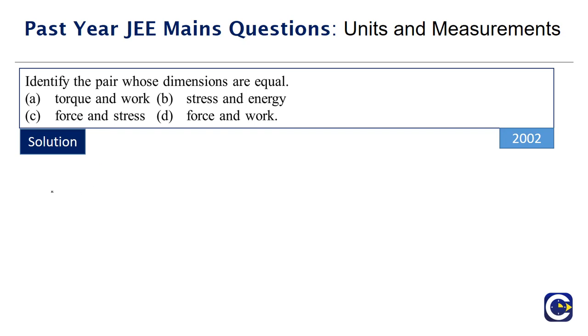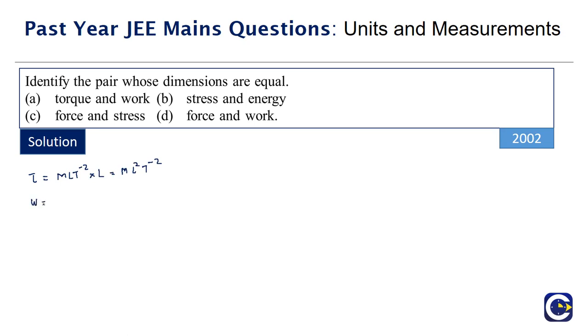So we have torque and work. Now torque is the turning effect of force, which is given by force multiplied by the perpendicular distance from the axis to the point of application of force, which means the torque dimensional formula will be the force dimensional formula MLT^-2 into L, which is ML^2T^-2.